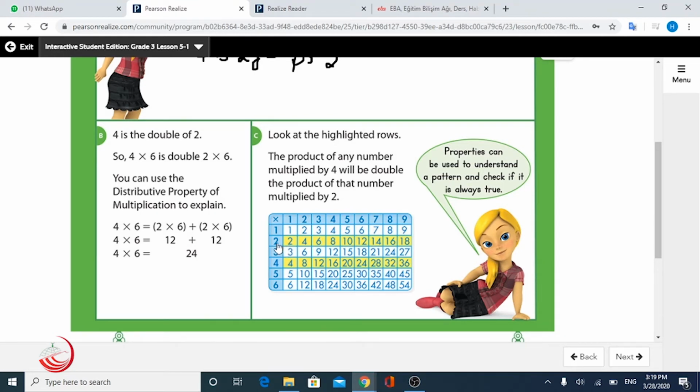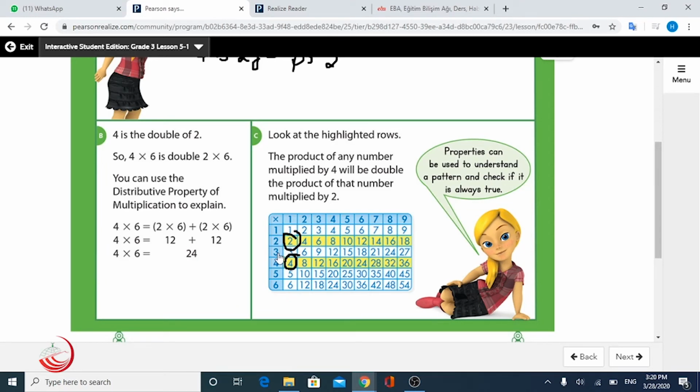How is that? 2 times 1 equals 2. 4 times 1 equals 4. So 2 and 4 have a relation together. If one of the factors is doubled, the product is doubled too.